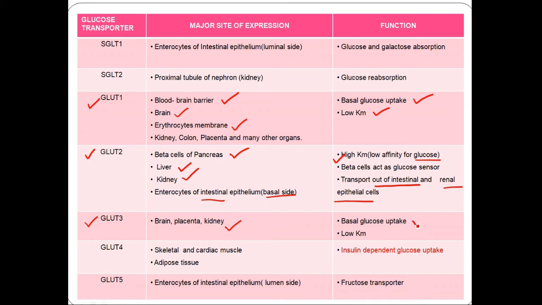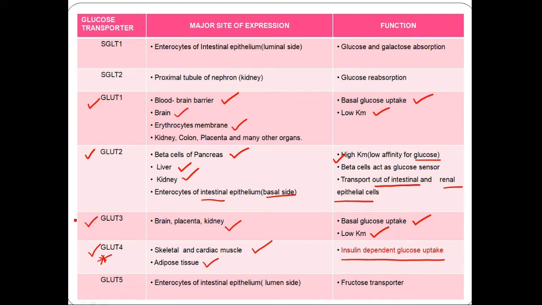It is involved in basal glucose uptake and it has a low Km value. Next is GLUT4. GLUT4 is present in skeletal muscles, cardiac muscles, adipose tissues, and it is involved in insulin dependent glucose uptake. Only GLUT4 is insulin dependent, rest all GLUT and SGLT are insulin independent.